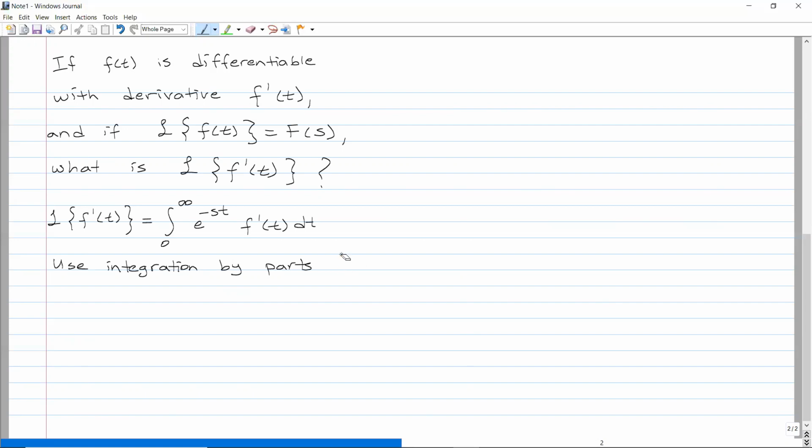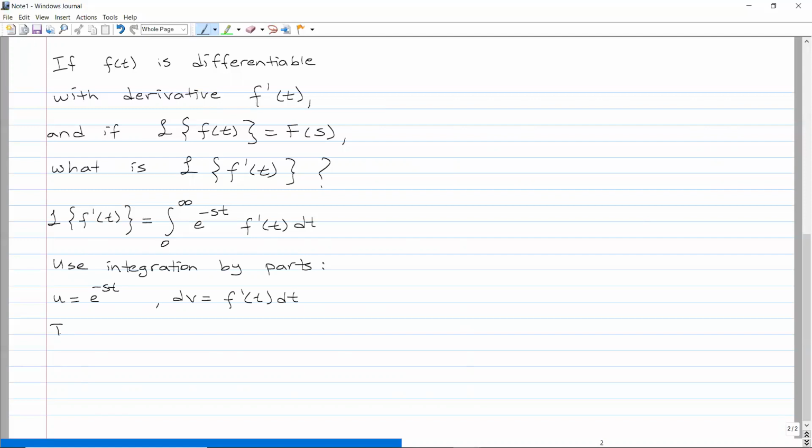Integration by parts means I need to choose u and dv. So for u, I choose the expression e to the minus st and dv as f prime t dt.